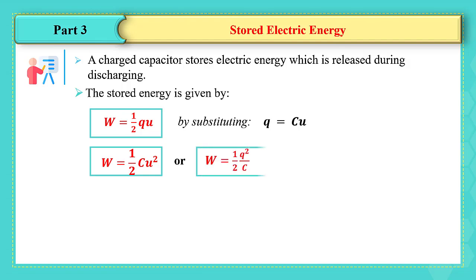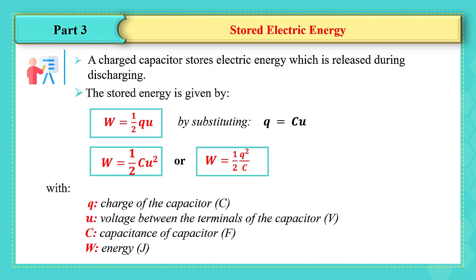And if we substitute in this equation instead of U, Q divided by C, then we will get this equation, which is W is equal to 1 over 2 Q squared divided by C. These three equations are used to calculate the stored electric energy for a capacitor. Don't forget that I have to use the SI unit for all the variables. Remember that the SI unit of the energy is joules.